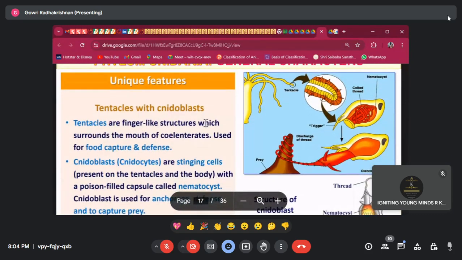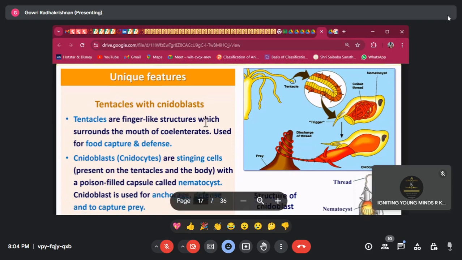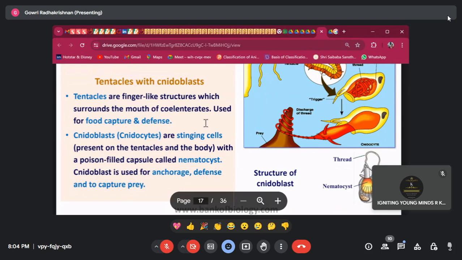What is a unique feature? Tentacles with cnidoblasts, that is with poison. They sting. Stinging cells are there. Tentacles are finger-like structures which surround the mouth of the coelenterate, used for food capture and defense. Cnidoblasts, that is cnidocytes or stinging cells, are present on the tentacles and the body with a poison-filled capsule called nematocyst.